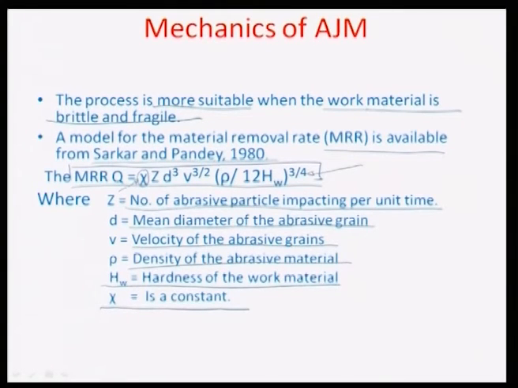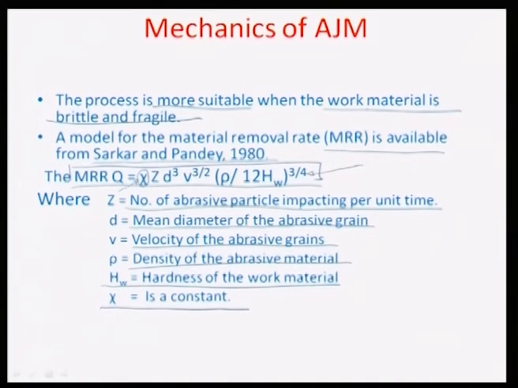As you can see here, the material removal rate of an AJM system is proportional to the cube of the mean diameter of the abrasive grain, which is obvious because it is giving an idea of how much volume is dislodged by looking at the volume of one grain.